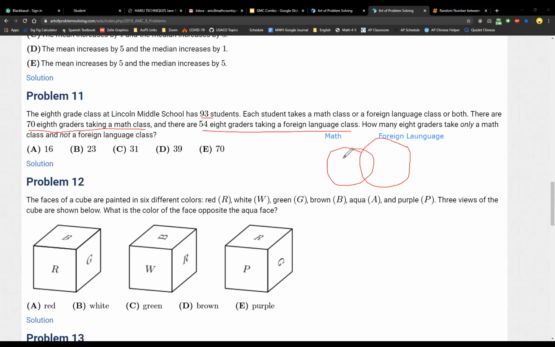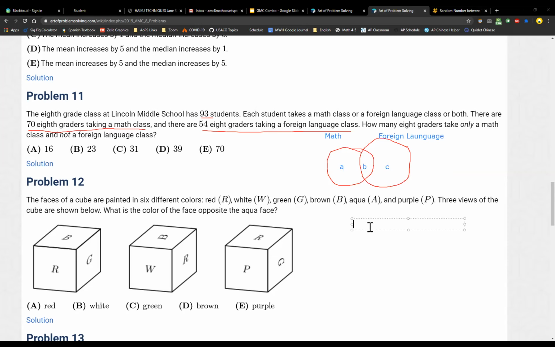Okay, so there are 70 people taking math and 54 in foreign languages. So let's label these parts actually. This is A, B, C.